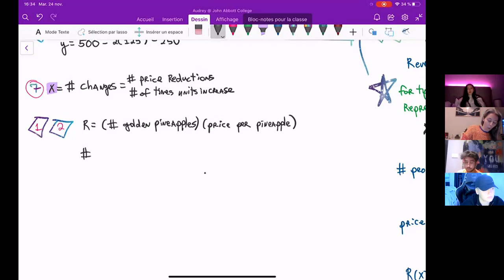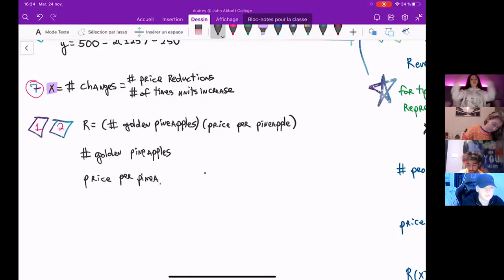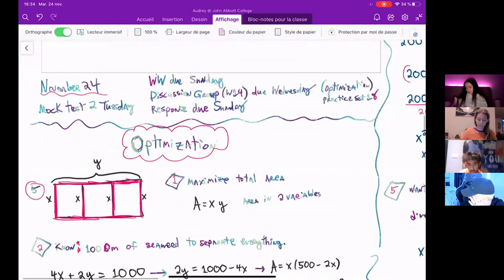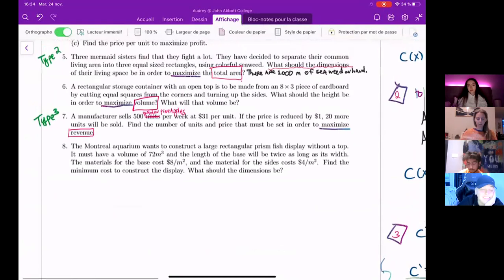So I'm writing each of these in terms of that X right there. So I want to know, how many golden pineapples do I have? And what is the price? So what's the base number of pineapples that I have in this question? 500. You got it.